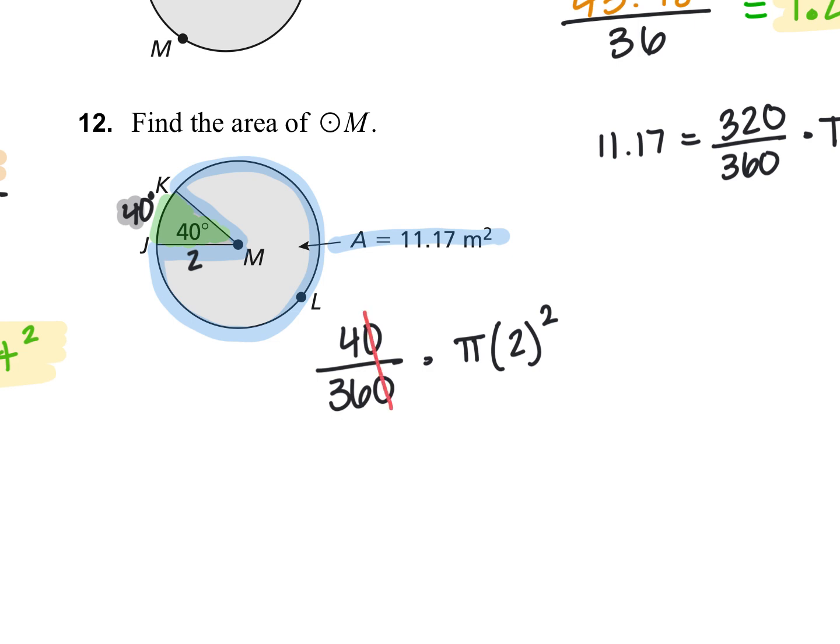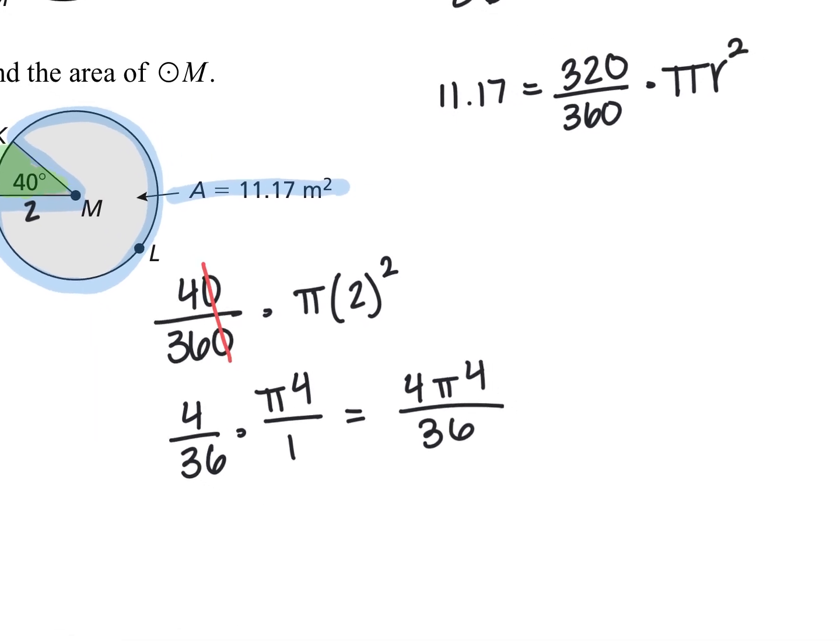These are going to cancel out. You're going to get 4 over 36 times pi times 4. 4 pi times 4. Plug that into your calculator. If you plugged it in correctly, you should have had 50.27 divided by 36.